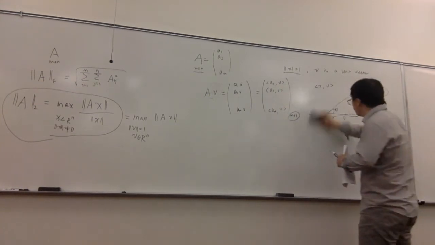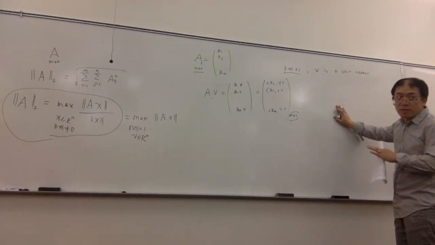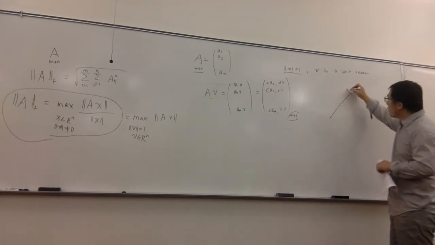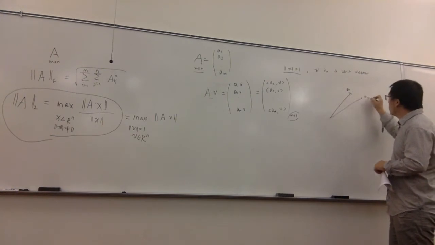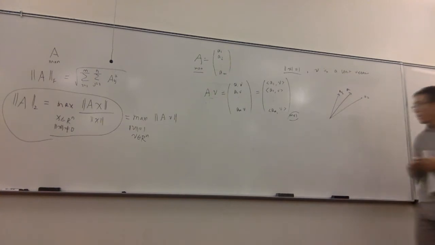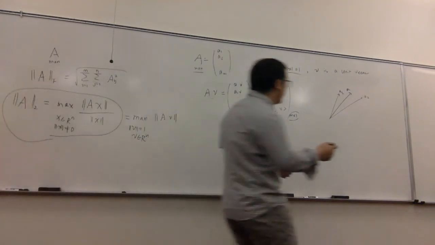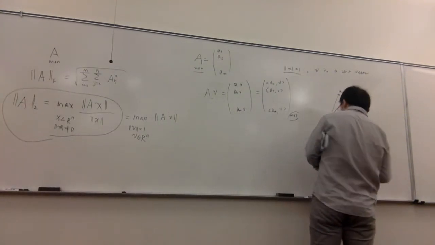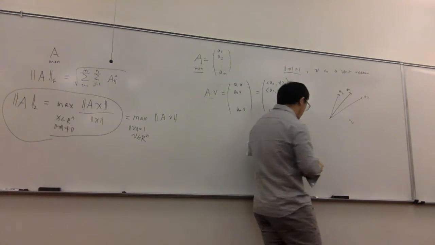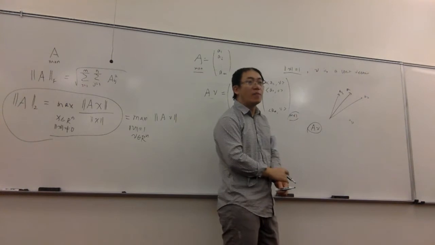Suppose this is an n-dimensional space, right? So suppose A has several row vectors: A1, A2, A3. Suppose that we only have 3 rows. And for a specific unit vector V, say this is a unit vector V. And then what about the result A multiplying with V?